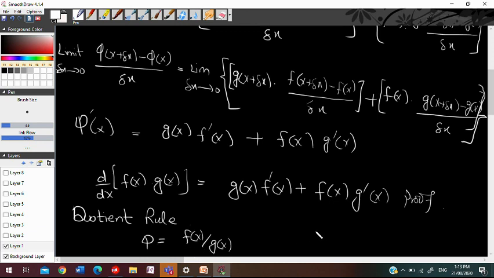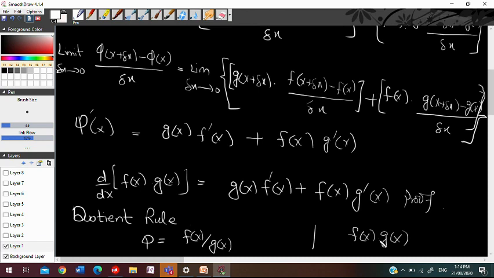And the second step: in our product rule, we multiplied and divided with f of x into g of x plus del x. But in this case, after subtracting the first and second equation, you will subtract and multiply f of x into g of x, and the rest of the calculations are very simple and very same as the product rule.